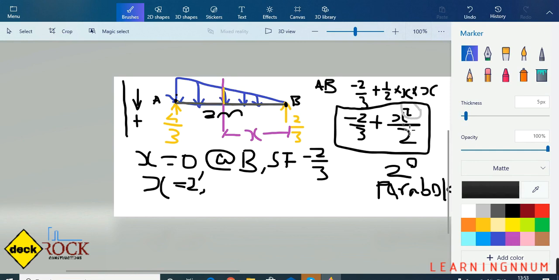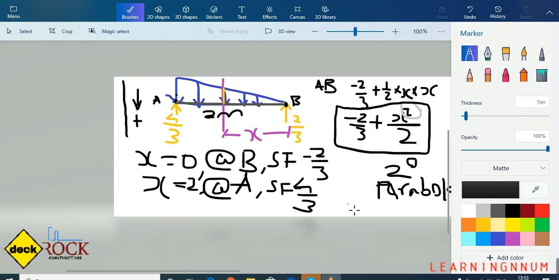So minus 2 by 3 plus 2. How much it would be? 4 by 3. Am I right? Yes, sir. So shear force would be 4 by 3. 4 by 3 means plus 4 by 3. Okay?